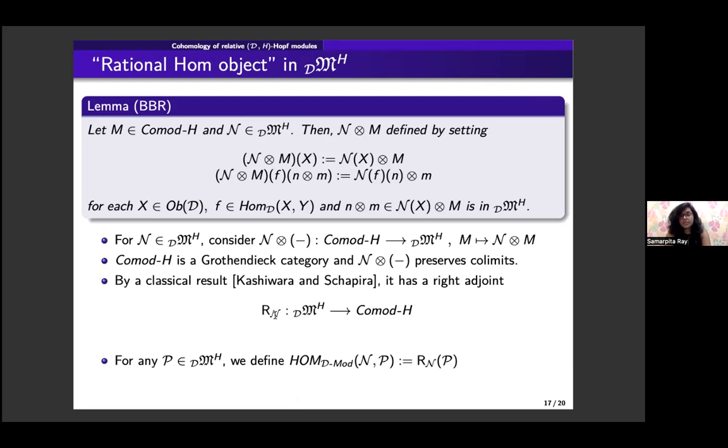It works as an internal Hom. We call this capital Hom the rational Hom object, because it has an H comodule structure. In general, if you take the original Hom, it need not be an H comodule. So we have to consider the largest class in the original morphism class which has an H comodule structure, and that is the internal Hom. We know this exists because of the right adjoint.